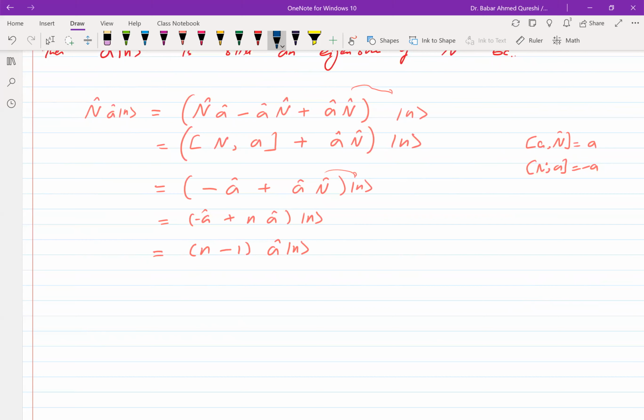So it's showing me that A hat on n is an eigenstate with eigenvalue n minus 1. So I can write it something like this.